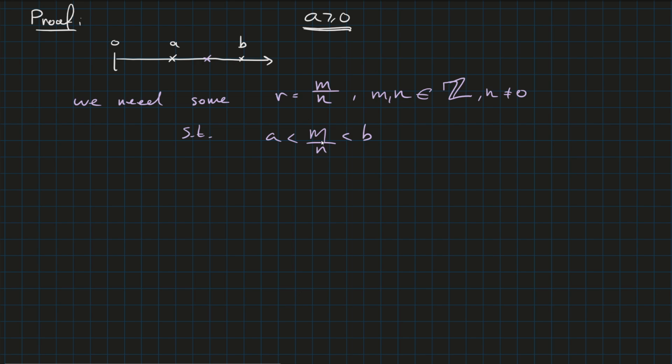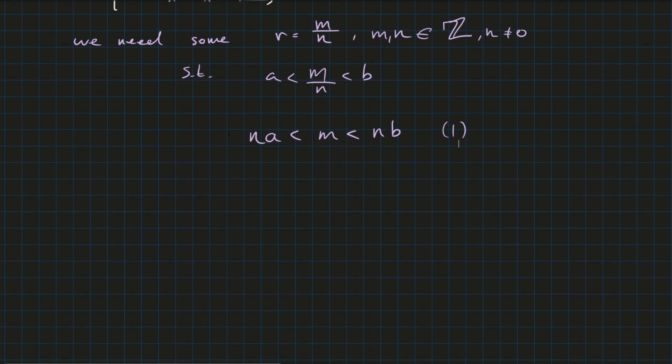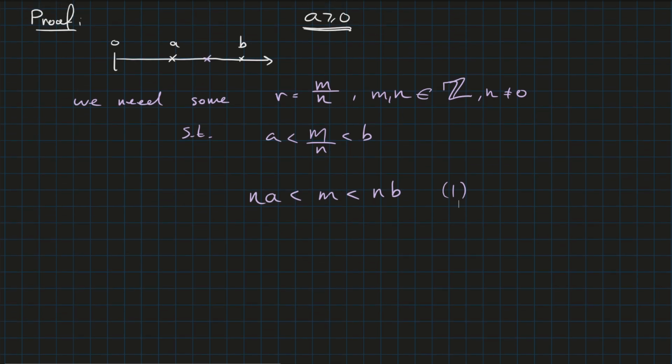And we might rearrange this slightly and say that M is strictly between NA and NB. Maybe we'll call that equation 1. So we need to find M and N that satisfy this. That's our goal.